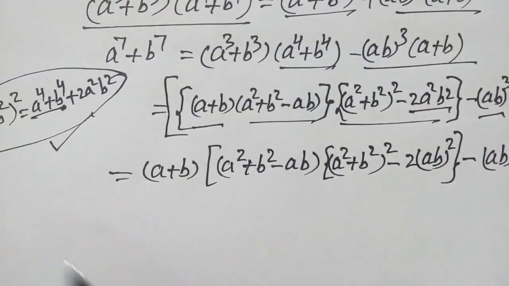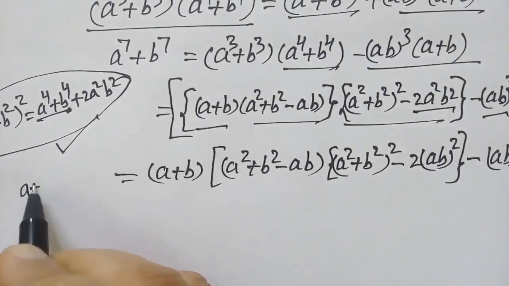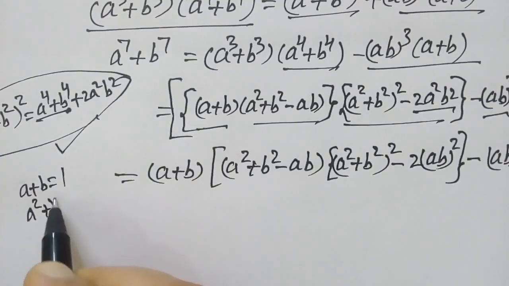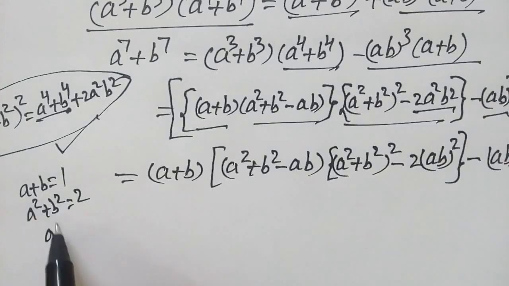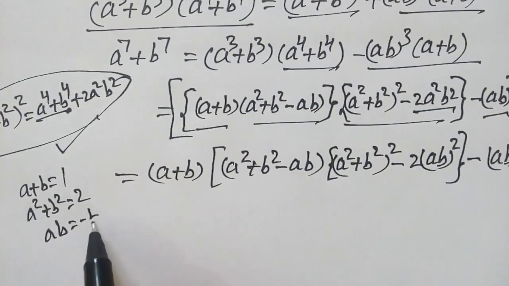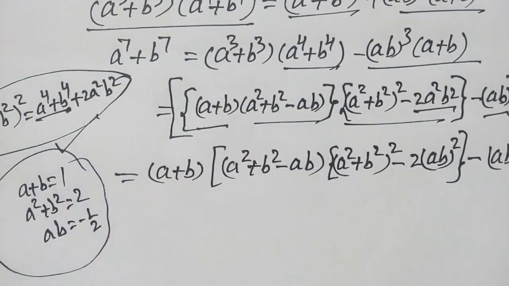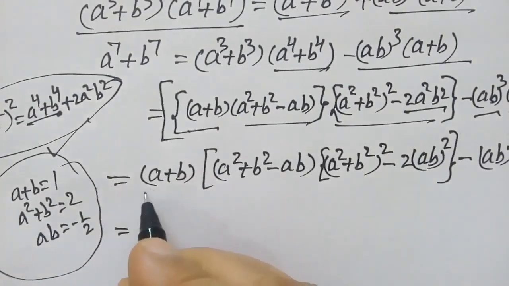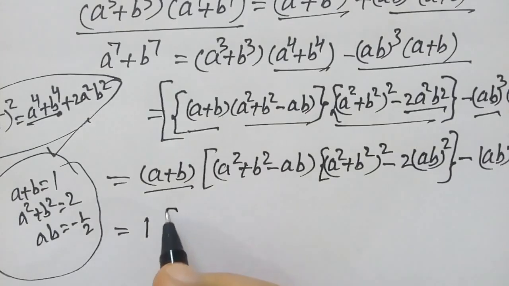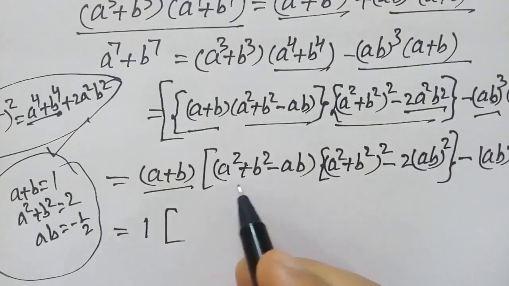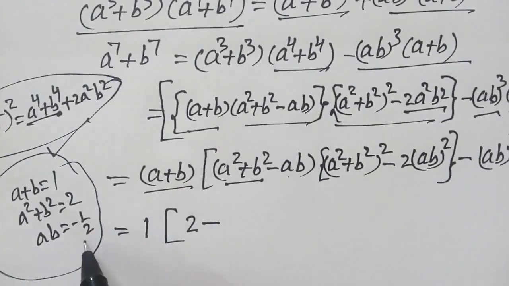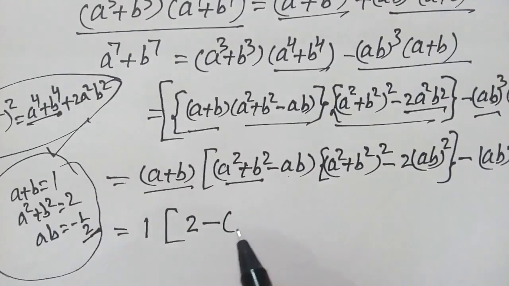Now we can put the values: a plus b equal to 1, a square plus b square is equal to 2, ab is equal to minus half. So a plus b is 1, a square plus b square is 2 minus ab, which is minus half.